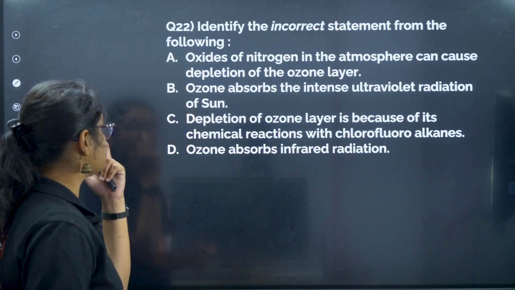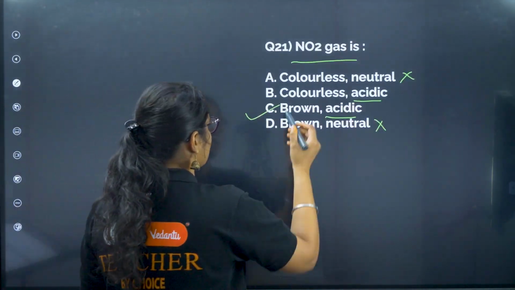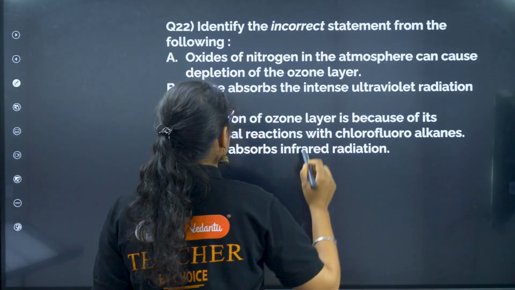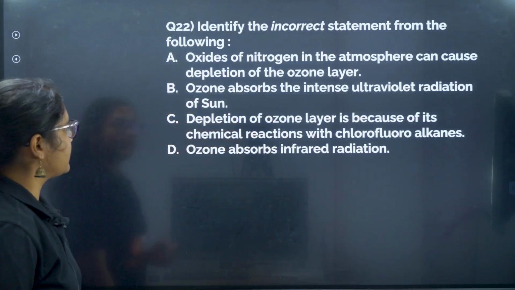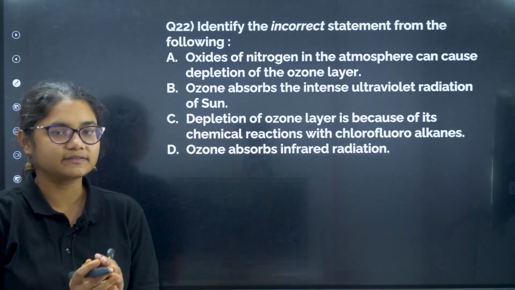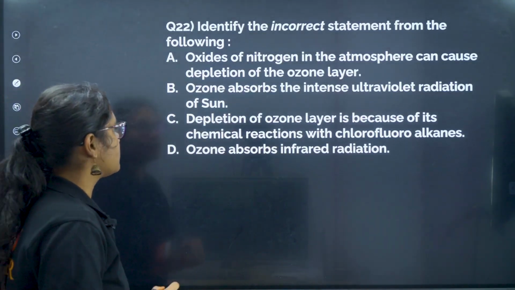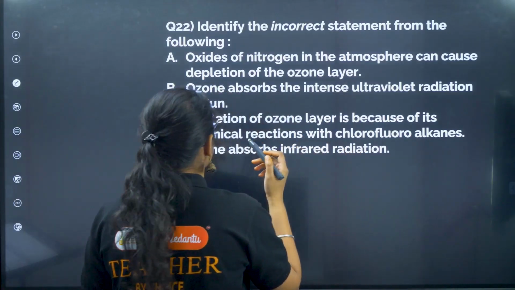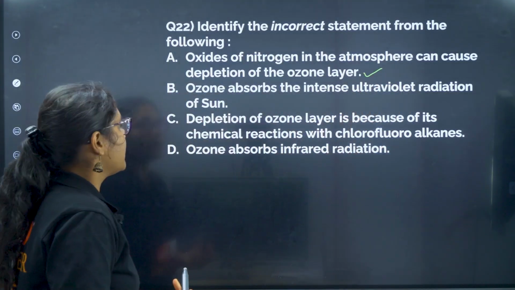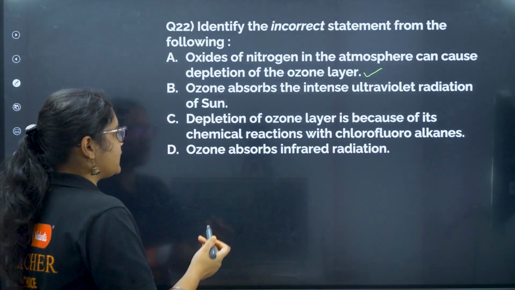Now let us see the next question. This question was from P block. Next one, identify the incorrect statements from the following. This question is also from P block, that is group number 16. Oxides of nitrogen in the atmosphere can cause depletion of the ozone layer. This statement is correct. Then, ozone absorbs the intense UV radiation of the sun.